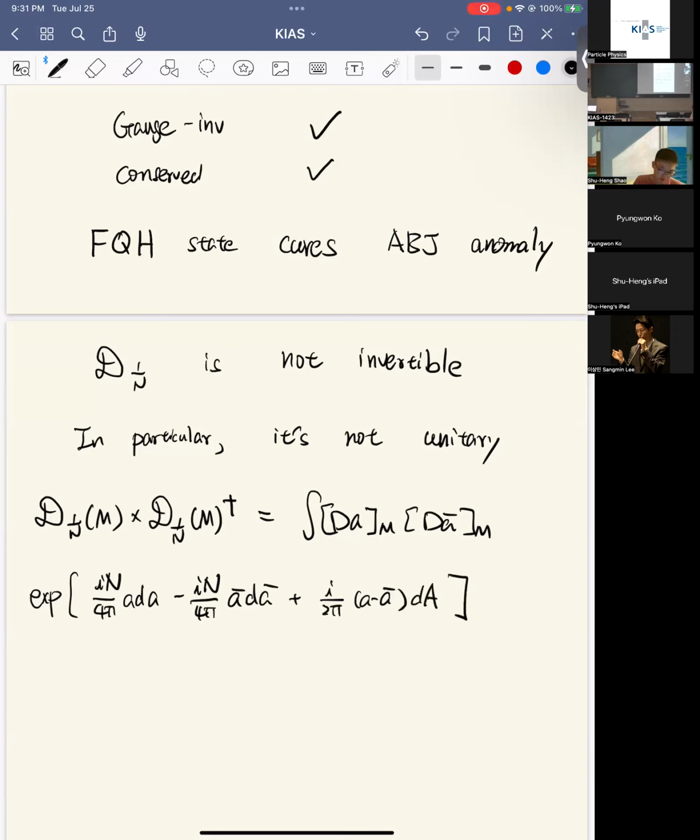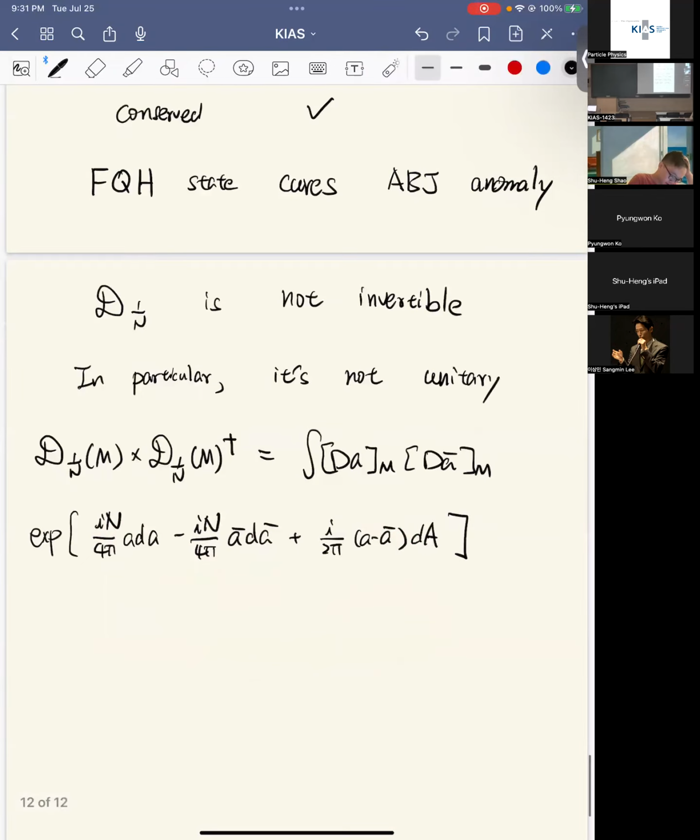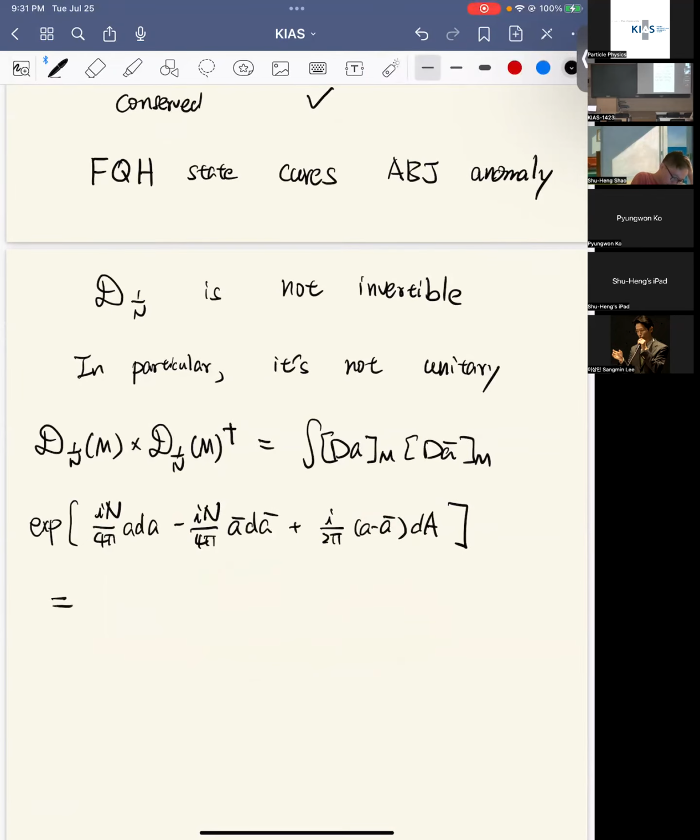All right. So D times D dagger is something complicated. It's a mouthful. It includes two auxiliary integrals, a bunch of Chern-Simons terms. Now, you don't have to worry too much about what this operator is. This operator has a name. It's called a condensation operator. It started its life in condensed matter physics, but has recently propagated into the high energy physics community as well.